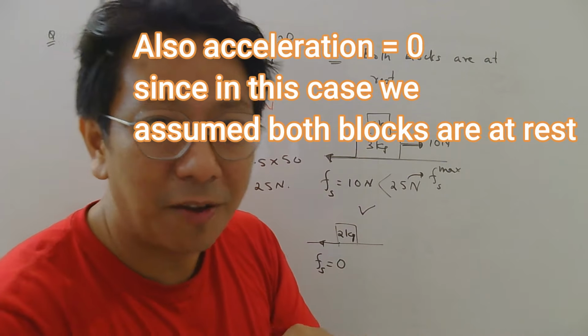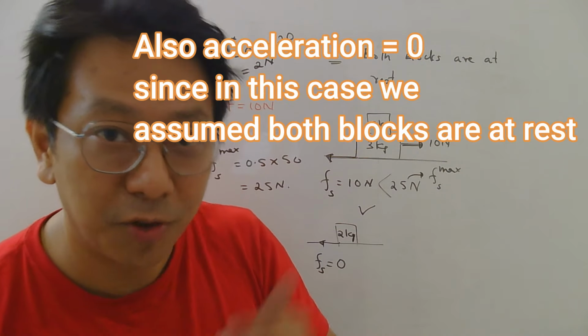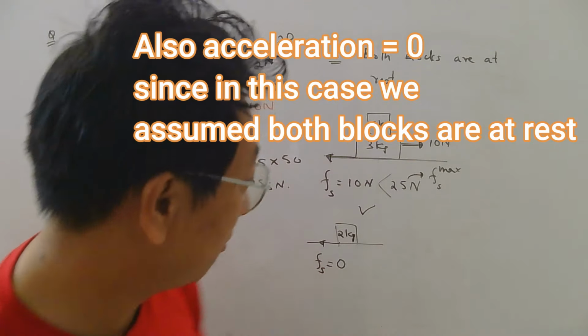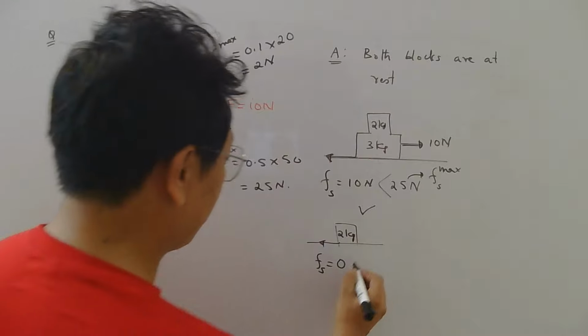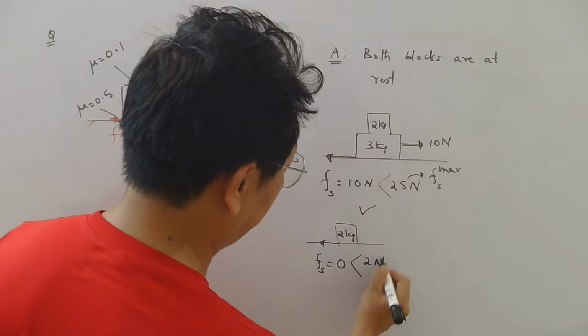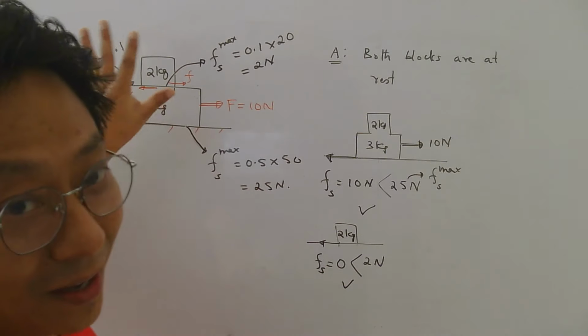So if you apply 5 Newton, static friction will be 5 Newton to keep it at rest. If you apply 6 Newton, static friction will be 6 Newton to keep it at rest. If you don't apply any force, static friction will be 0 Newton. Now 0 Newton is obviously less than Fs max. So this is also possible. So both the blocks will be at rest.